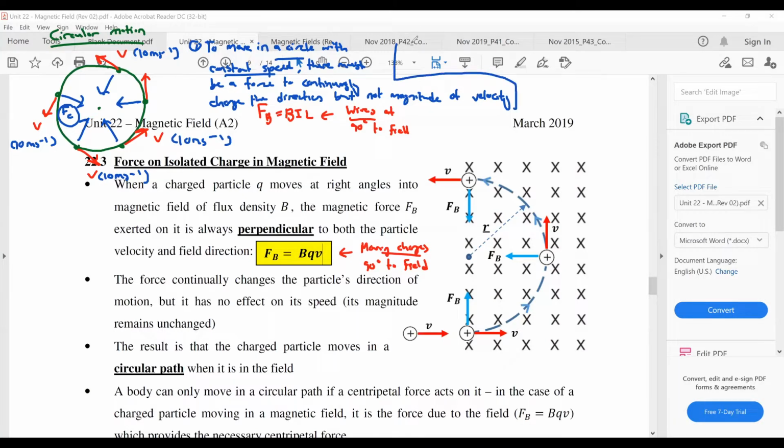So this force must therefore always be perpendicular to the direction of the velocity, or always directed towards the center of the circle.